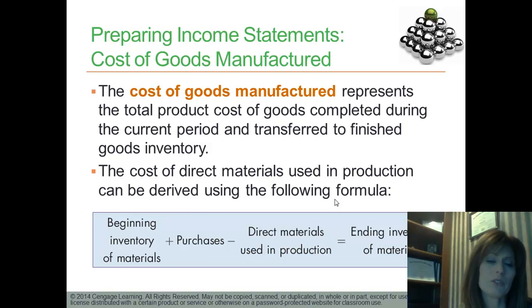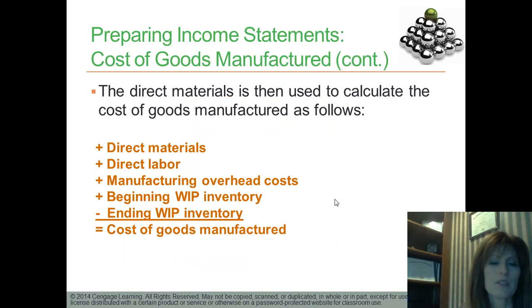So we figure out what we started with, our beginning inventory, add what we bought, our purchases, and figure out what was left over, or figure out what we used. If we know the direct materials we used, we can figure out ending inventory. If we know ending inventory, we can figure out direct materials used. Once we have this, we can calculate our cost of goods manufactured.